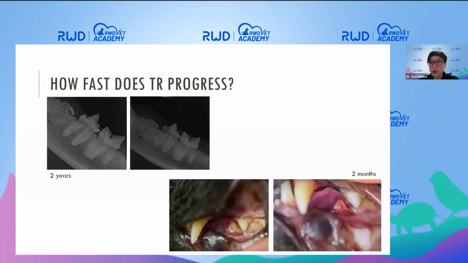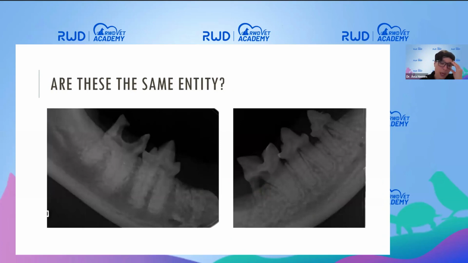And if the teeth are not involved at a certain point in time, we can't tell if they will become affected or not down the line. So these are all very, very gray areas. What we also don't know is if these two situations are actually the same type of disease. On the right side, this smaller tooth is obviously affected by horizontal bone loss, which is a sign of periodontitis.